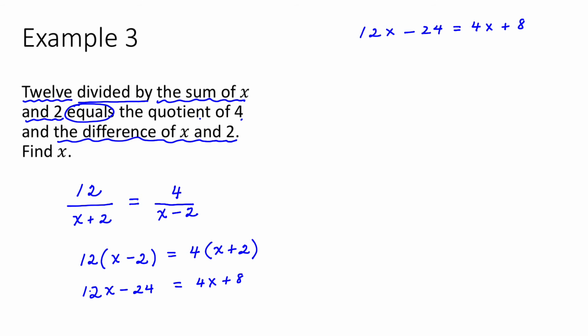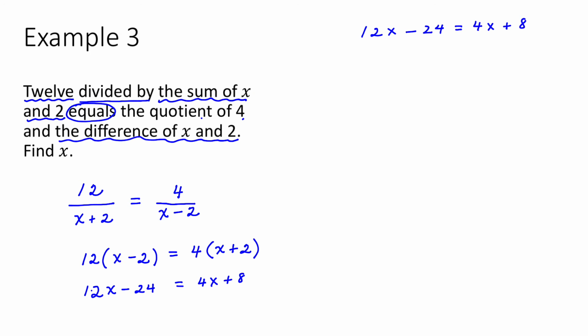And now I'm ready to get my like terms together. So I subtract 4x from both sides, add 24 to both sides. And on the left-hand side, I'm going to get 8x. And on the right-hand side, I get 32.